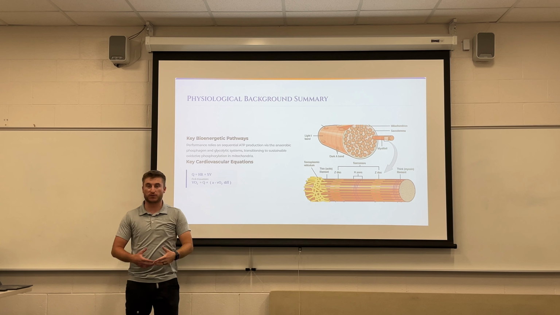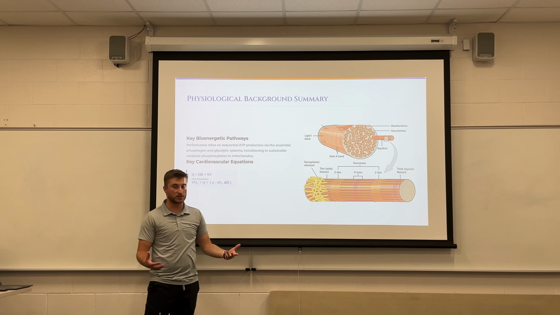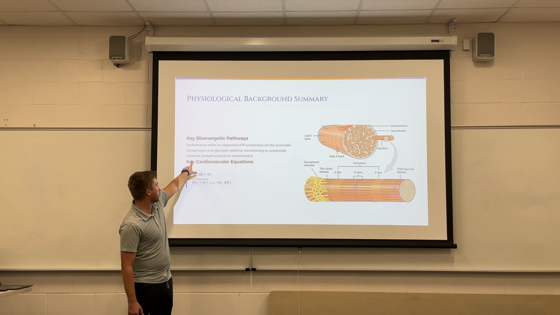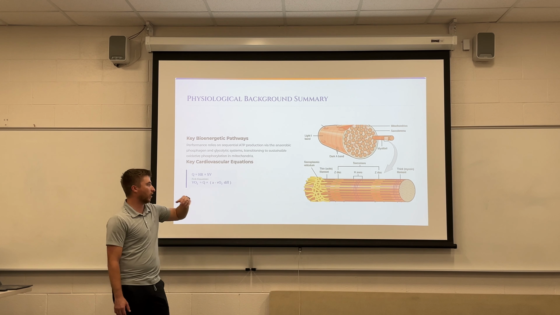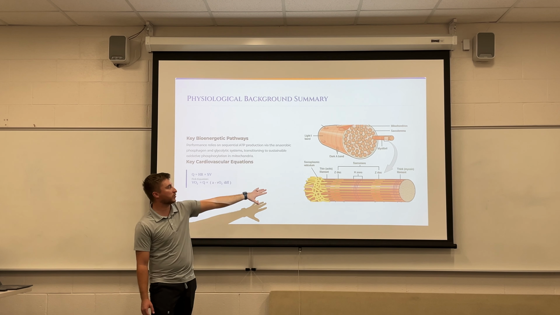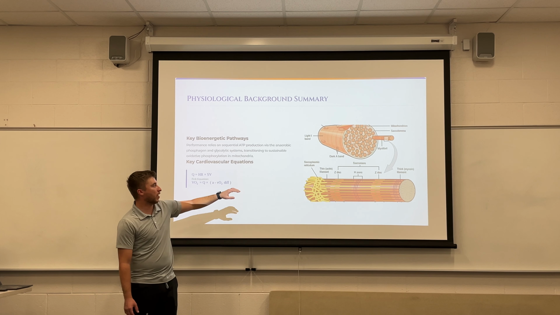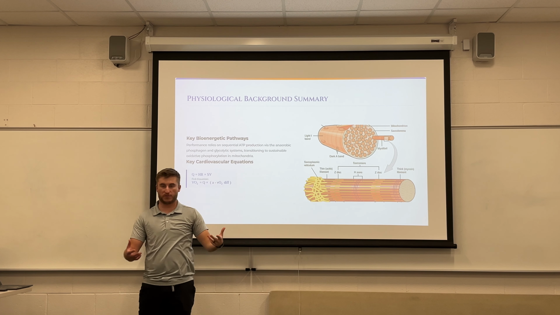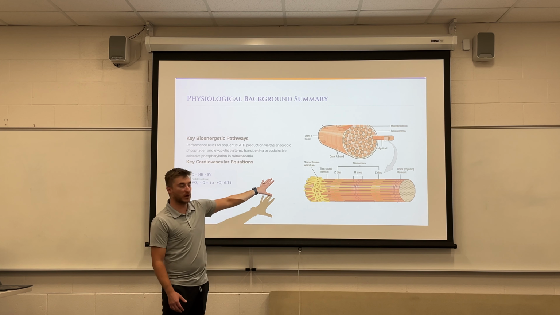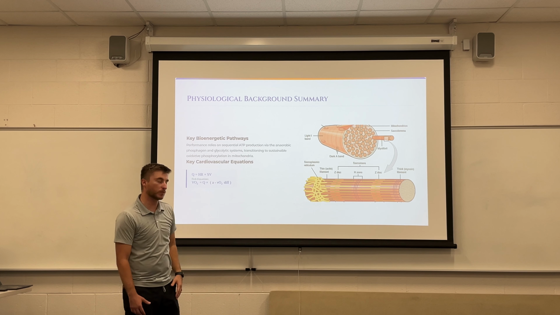And then eventually, for long durations, long periods of exercise, that's when we switch to the oxidative phosphorylation that happens in the mitochondria. And over here is just a picture of muscle fiber and things like that, just showing us that that's what we're focusing on building during these performances.